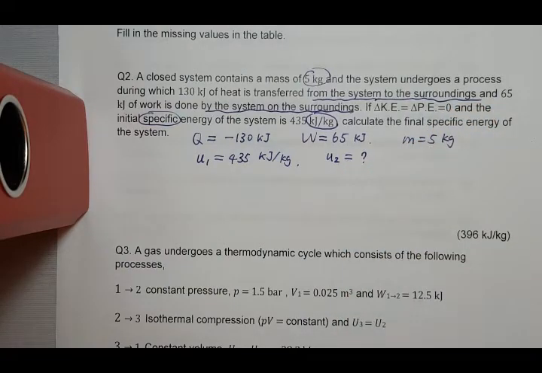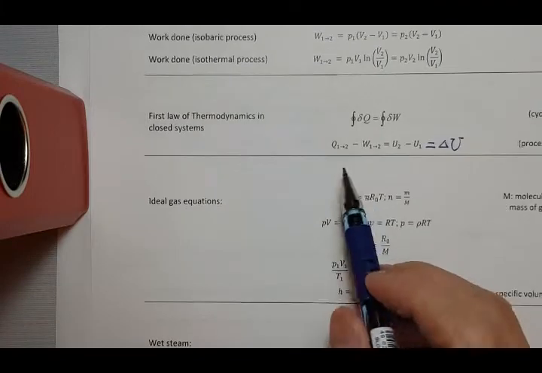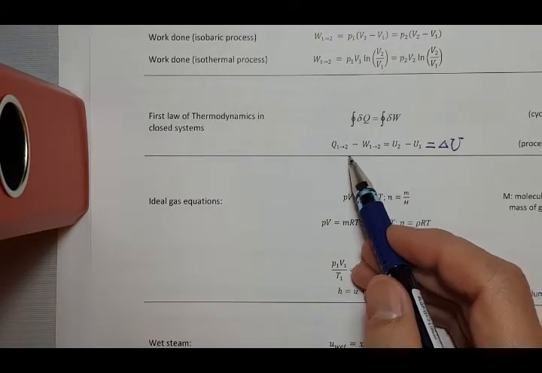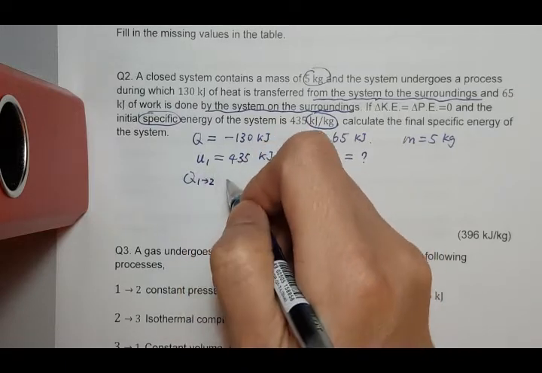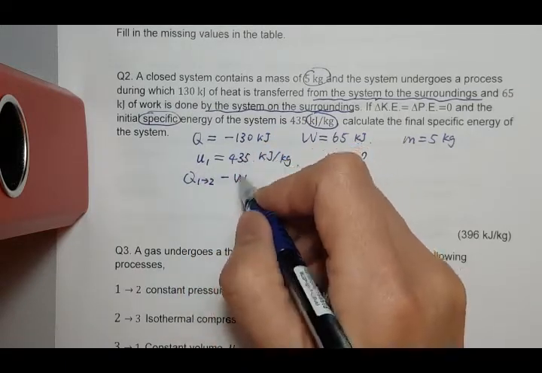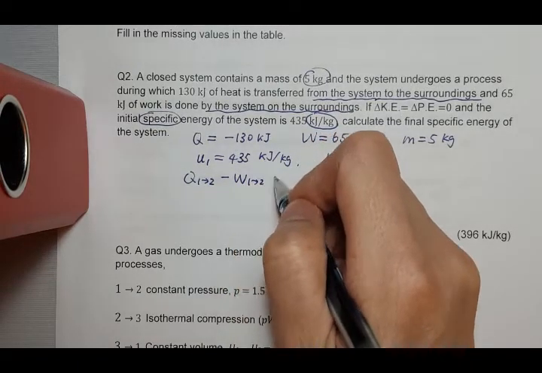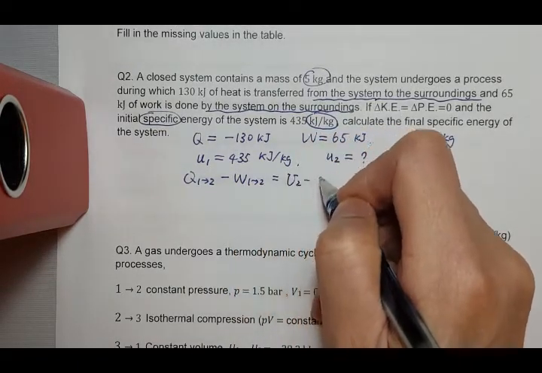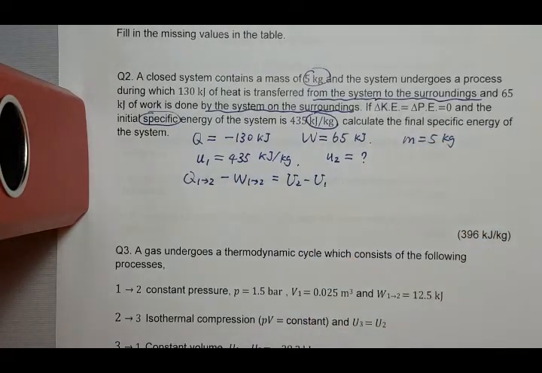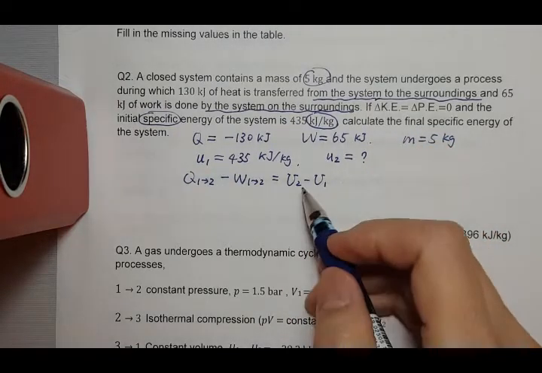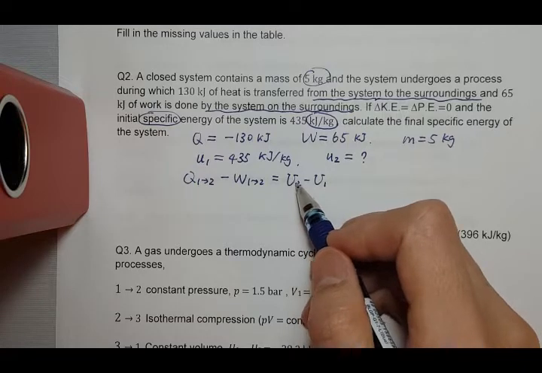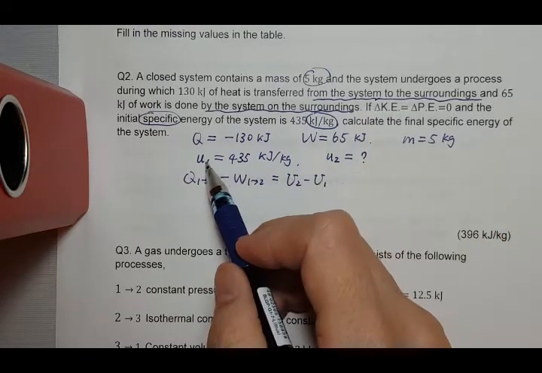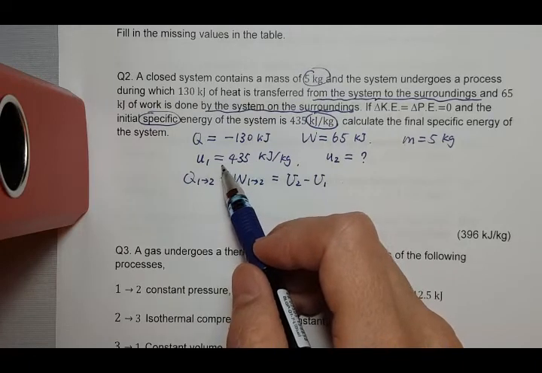As I said, we're going to use the equation that applies to any closed system for any process. Let me write that equation first. For the process 1 to 2, the heat transfer subtract the work transfer is equal to U2 subtract U1. You need to be very careful: these internal energies are written in capital letters, but the values we have are in specific terms.